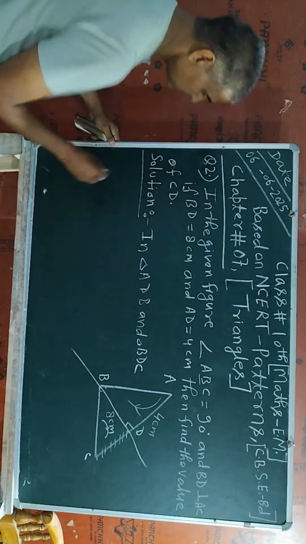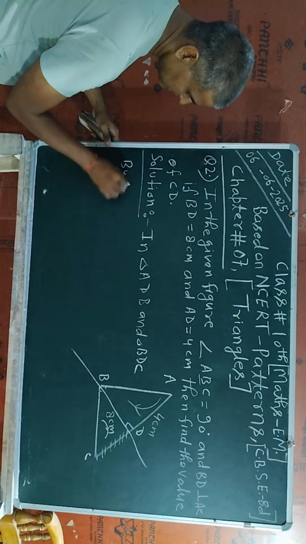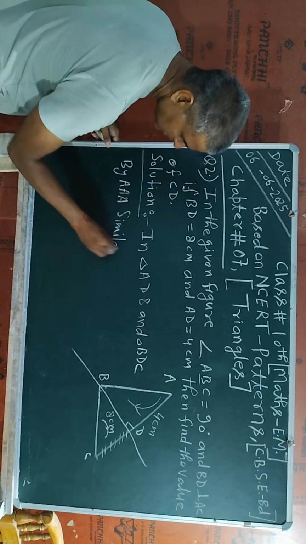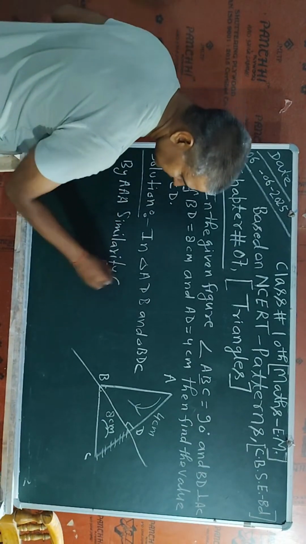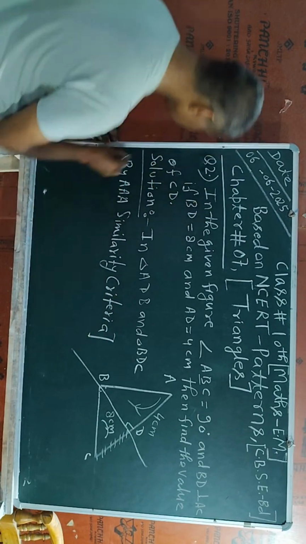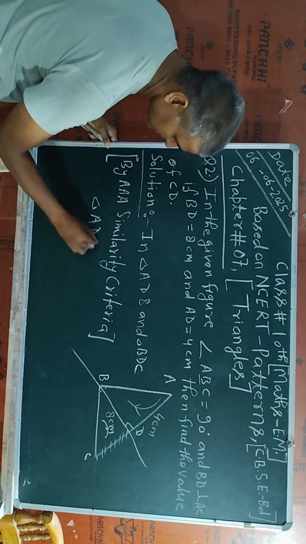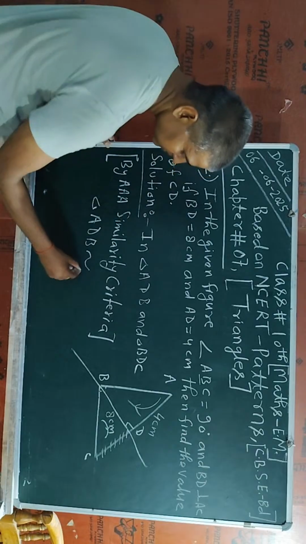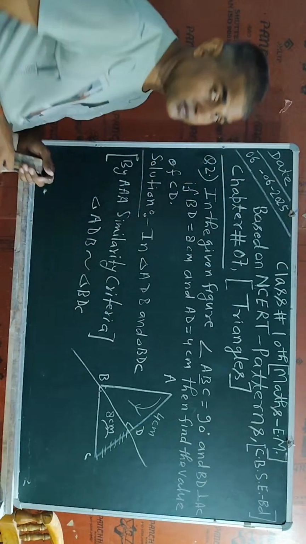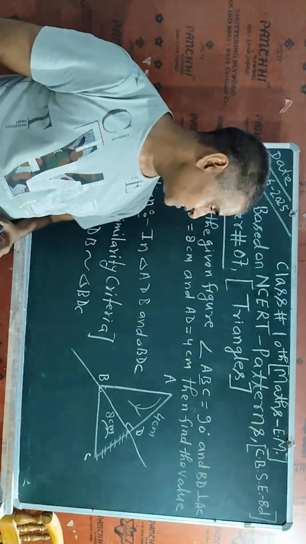In both triangles, by angle similarity criteria, I will say triangle ADB is similar to triangle BDC. I will follow this concept because this triangle and this triangle both will be similar.